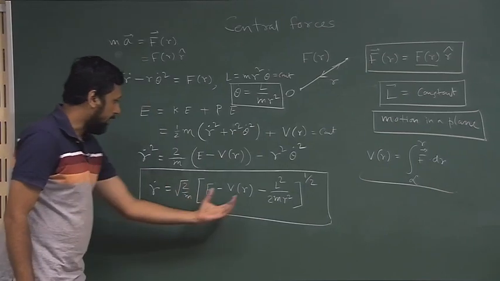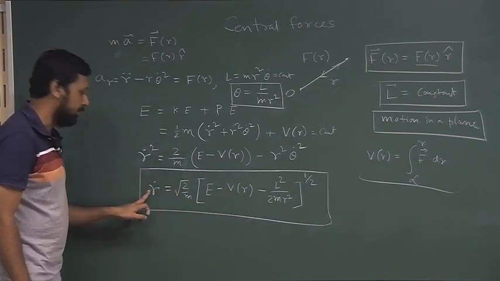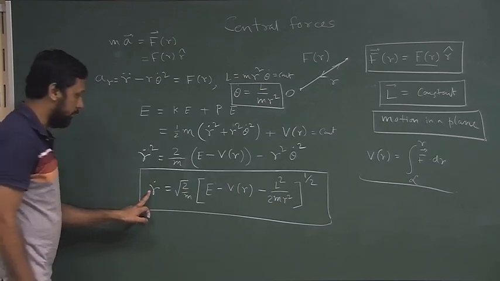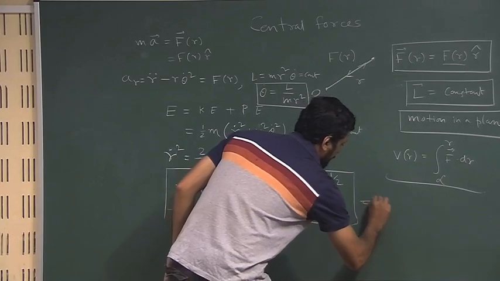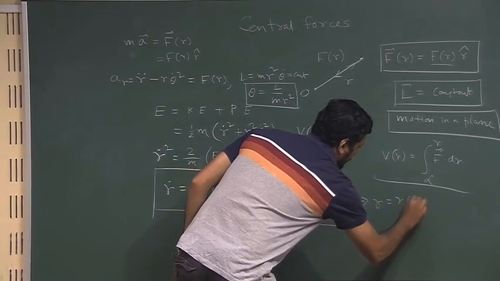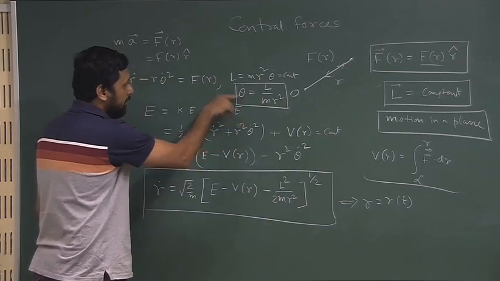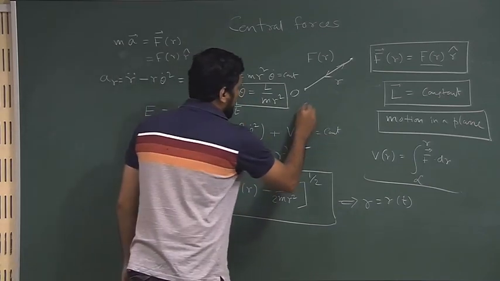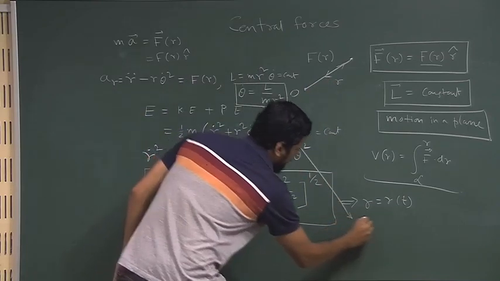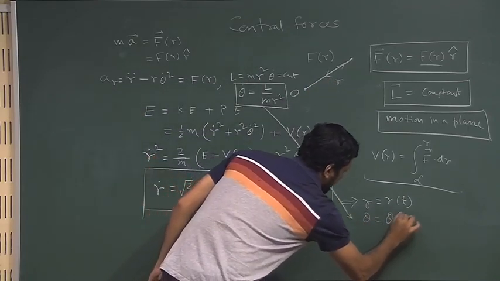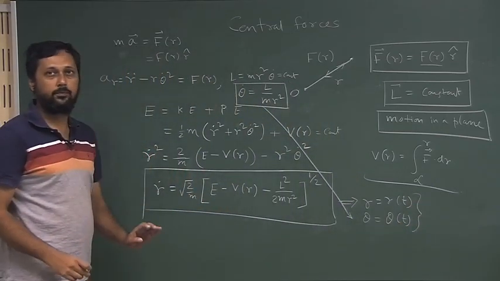So we have a right hand side which is a function of r only, and in the left hand side we have dr/dt. So we can integrate this equation to get r as r of t, then we can put it back in here, and integrate this equation to have theta as theta of t, and the trajectory is solved.